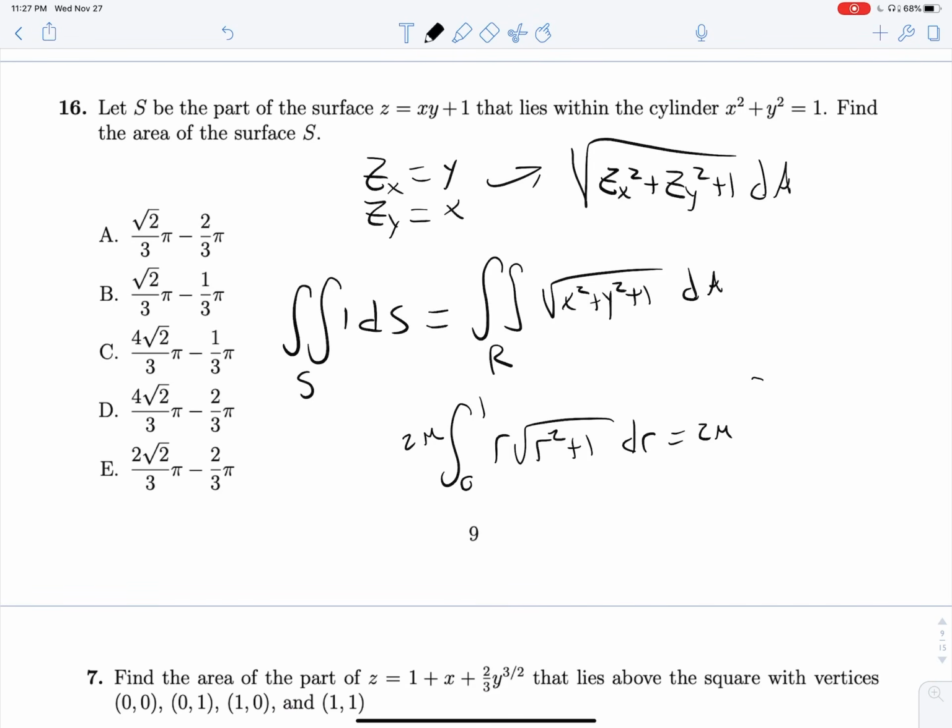So this is going to be equal to 2 pi times the quantity 1/3 r squared plus 1 to the 3 halves on 0 to 1. Evaluated at 1, this is going to be 2 to the 3 halves, so 2 root 2 over 3 times 2 pi.